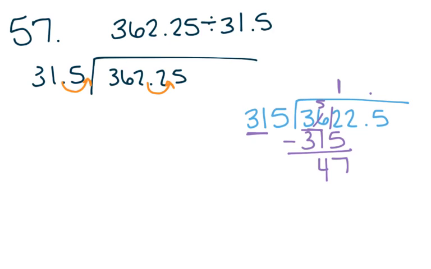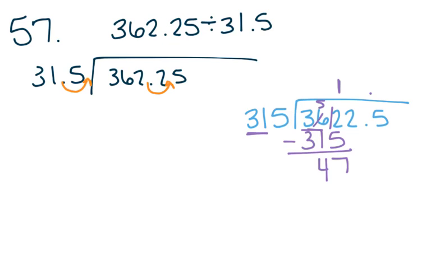The reason I had you look at the 31 and the 36, or even the 3 and the 3, is because it's easier to think of that, though you could say 315 only goes once into 362 because you know 2 of these is bigger than one of those. But anyway, 1 times 315 gave you 315. We subtracted, gives you 47.